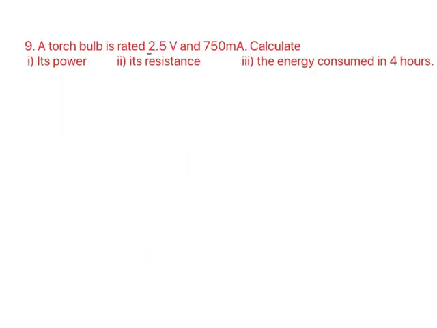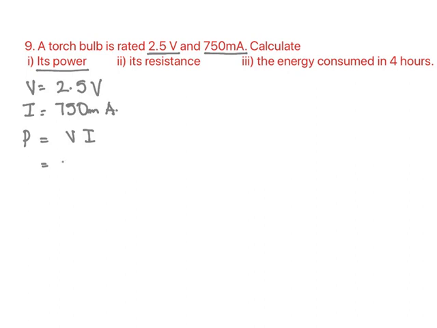A torch is rated 2.5 volts and 750 milliamperes. Calculate its power. First, quite easy, power is V into I, which is 2.5 into I. Now the 750 is in milliamperes, so you have to make it into amperes by dividing by 1000.